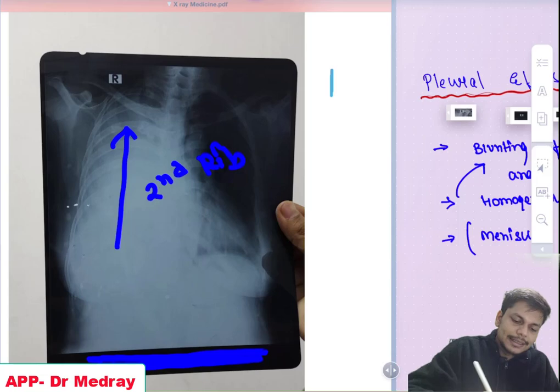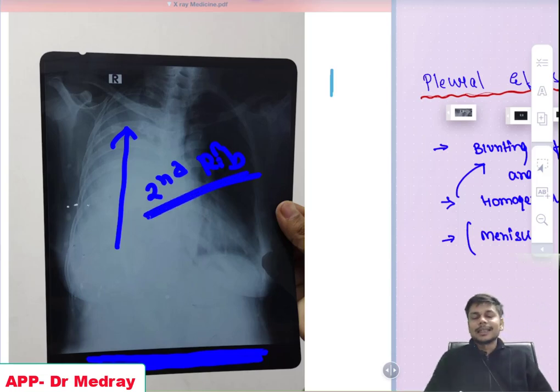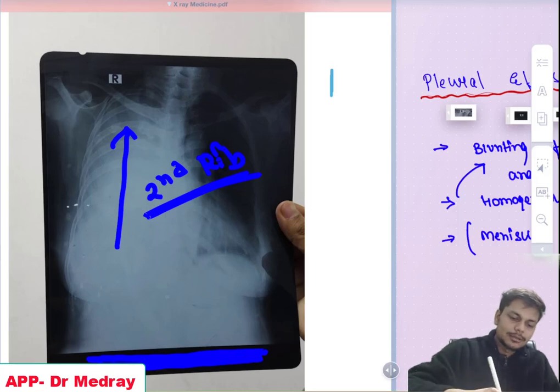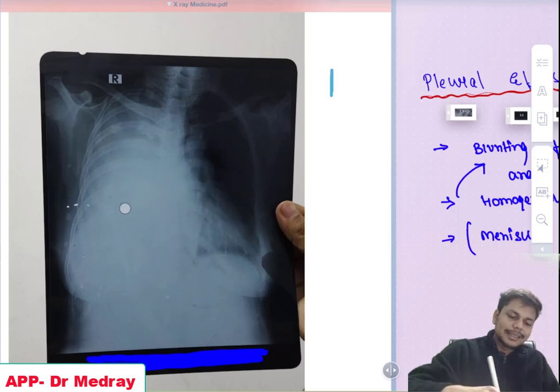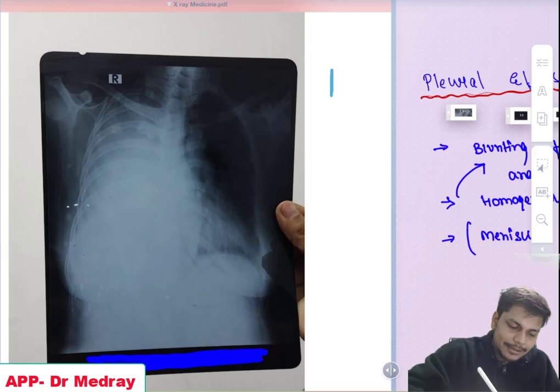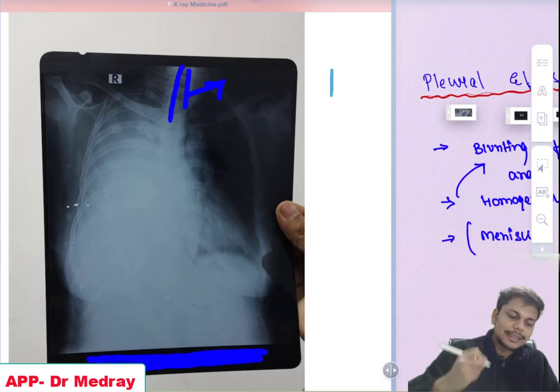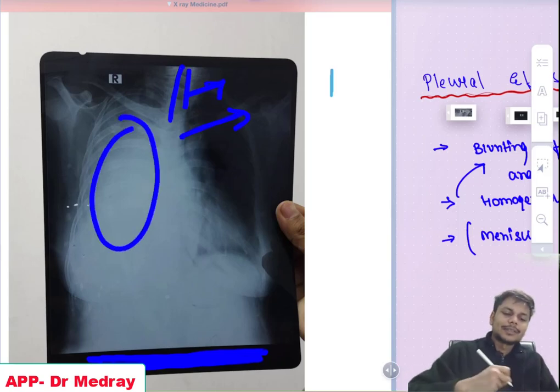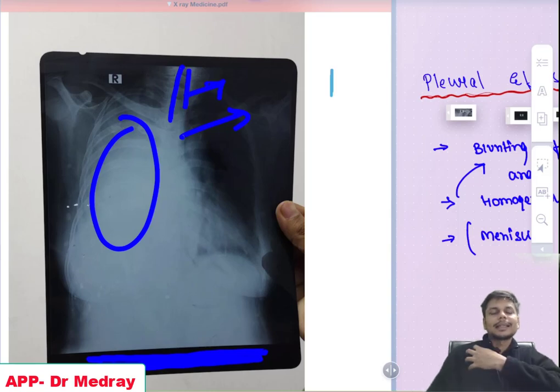If the patient is having massive pleural effusion, sometimes moderate pleural effusion also, there might be shifting of the trachea to the opposite side. Can you see that this trachea is shifted to the other side? The patient is having effusion on the right side, the trachea is shifted to the left side.